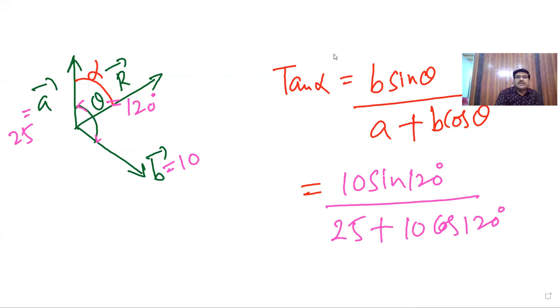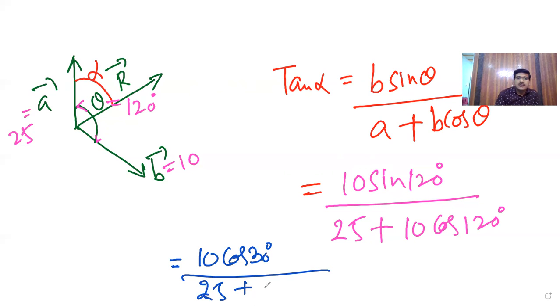Now on simplification, that is 10 sin 90 plus 30, cos 30, by 25 plus 10 cos 90 plus 30, minus sin 30.